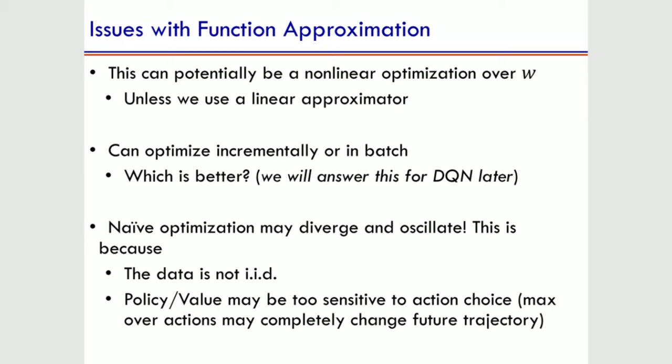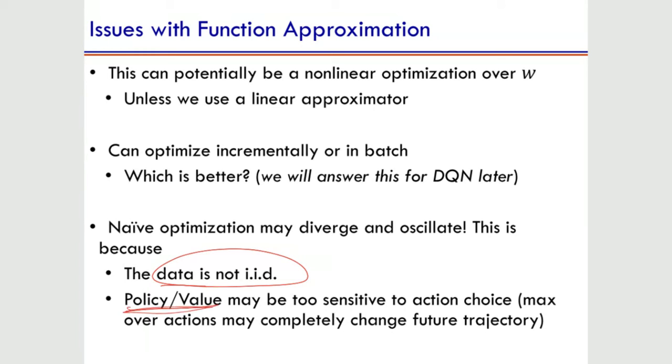But there are two aspects of the problem which make it more complicated than regular supervised learning. One is that the data is not IID. You want to train this function, in this case a CNN for the Atari games, but the data is not like images of cats and images of dogs. It's screenshots and actions and rewards.